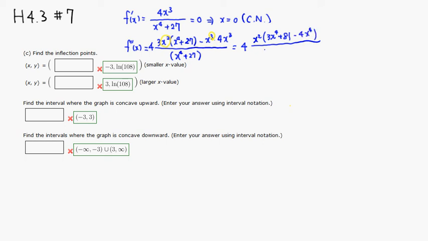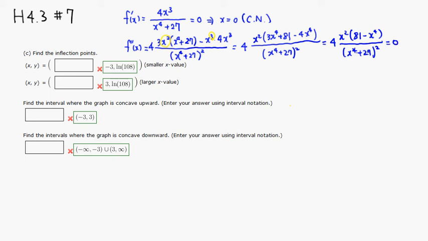Then the same denominator, I forgot to square that. So this is going to be 4x squared times 81 minus x to the fourth, over x to the fourth plus 27 squared.